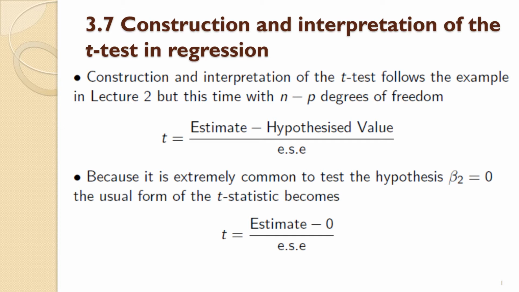So if you get the computer-generated results from either R or EViews or any other software package you care to mention, what you will typically see is a whole host of t-statistics calculated as precisely the estimate over the estimated standard error.